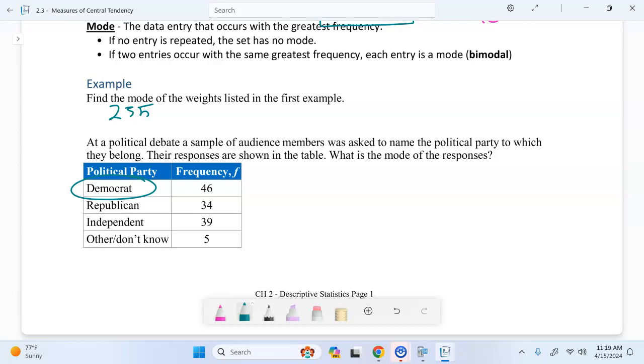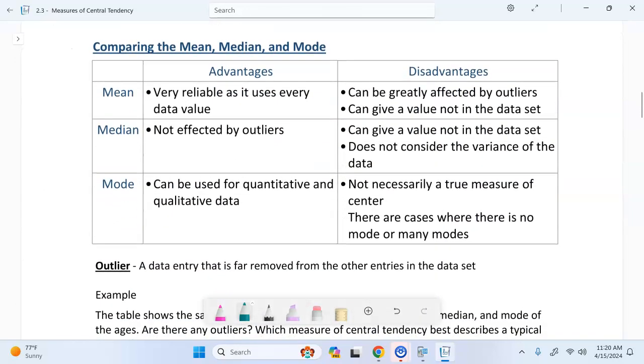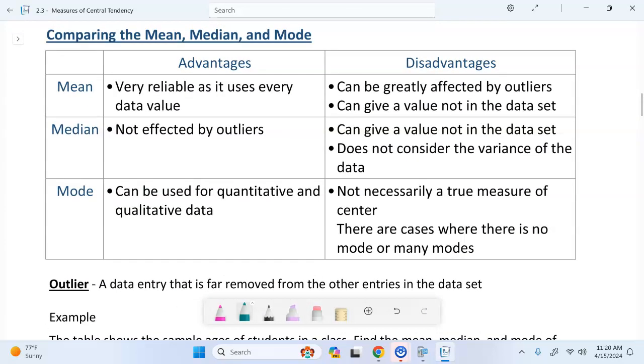So we have to be careful about using central tendency, but it is an important tool in the toolbox of trying to describe a data set and what is typical about it. So when we're comparing our different measures of center, they have advantages and disadvantages based on the data set.